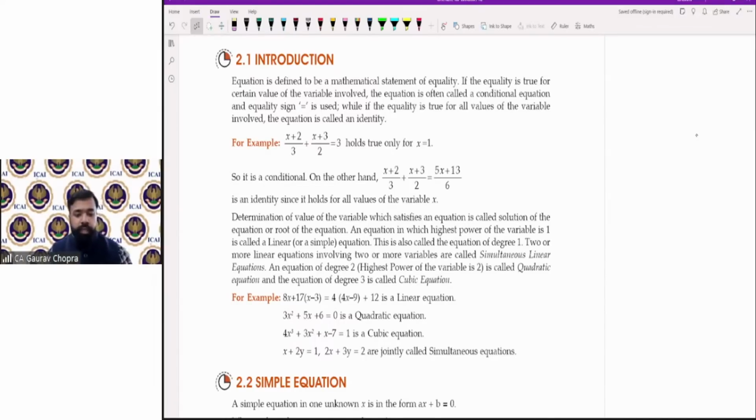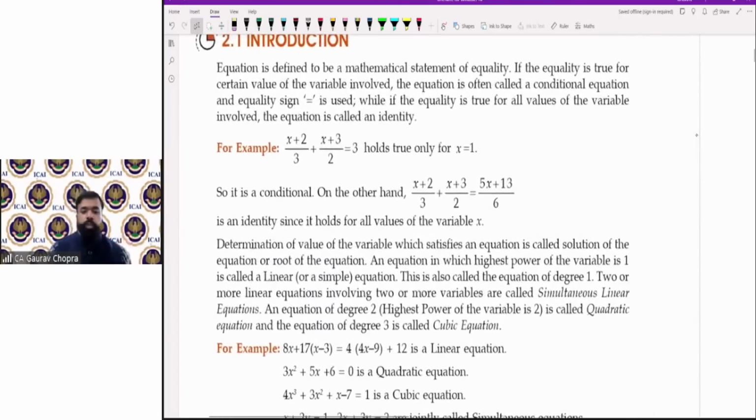So let us begin with the topic equation. First of all, what is the meaning or definition of equation? Equation means equality. When two things are equal, then we put an equal to sign in between. Let's say if we are saying x equal to 2, that means the value of x is equal to 2.